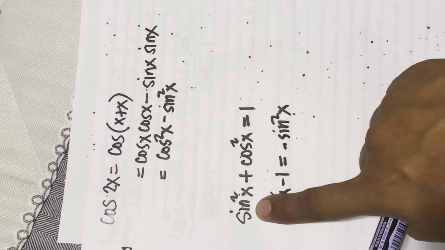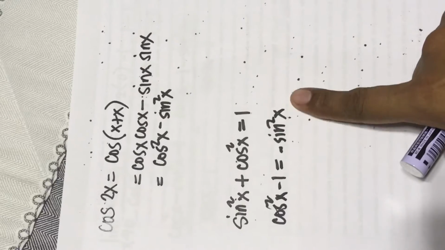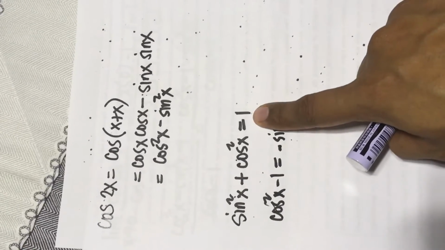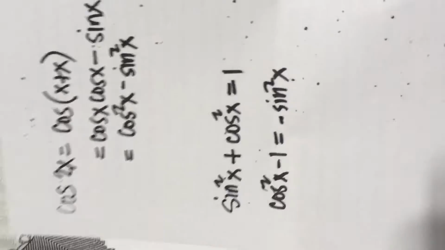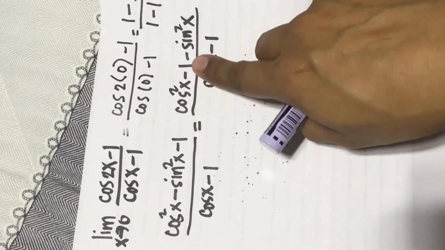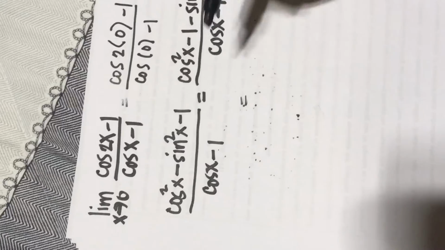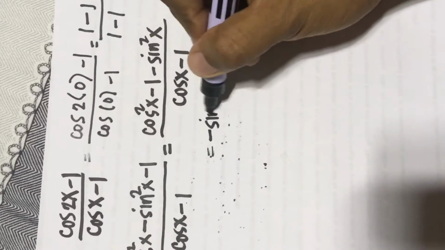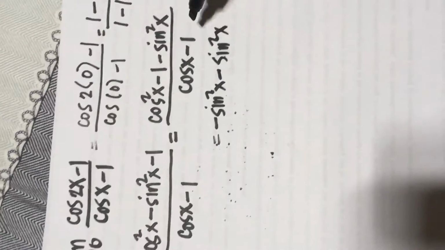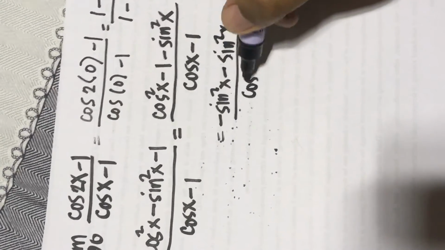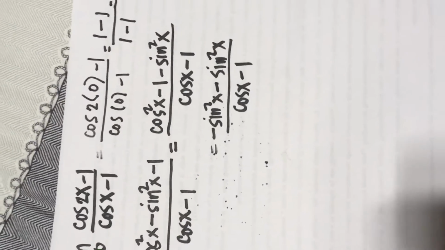You transpose this on the right side, so that is negative sine squared x, and this positive 1 you transpose to the left side, that is negative 1. So we can say that cosine squared x minus 1 is negative sine squared x minus sine squared x all over cosine x minus 1.